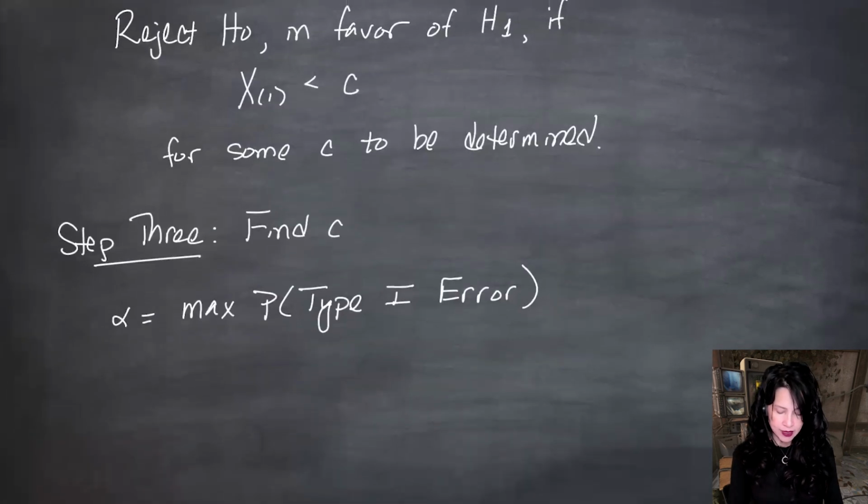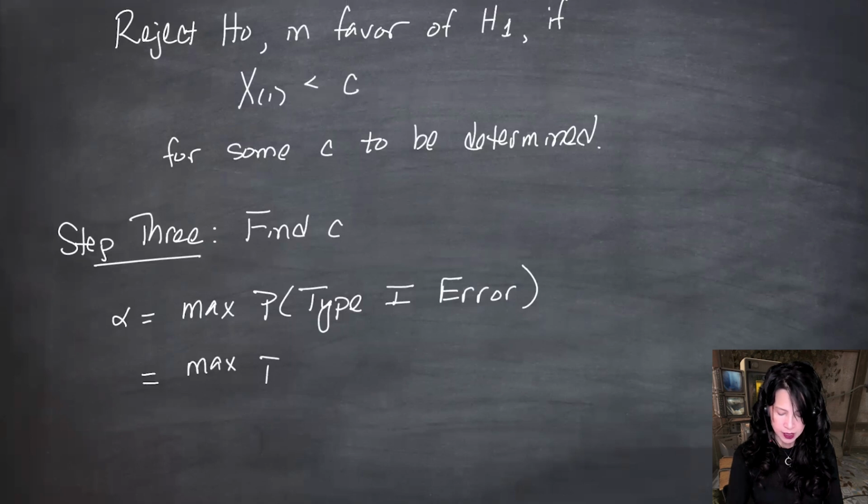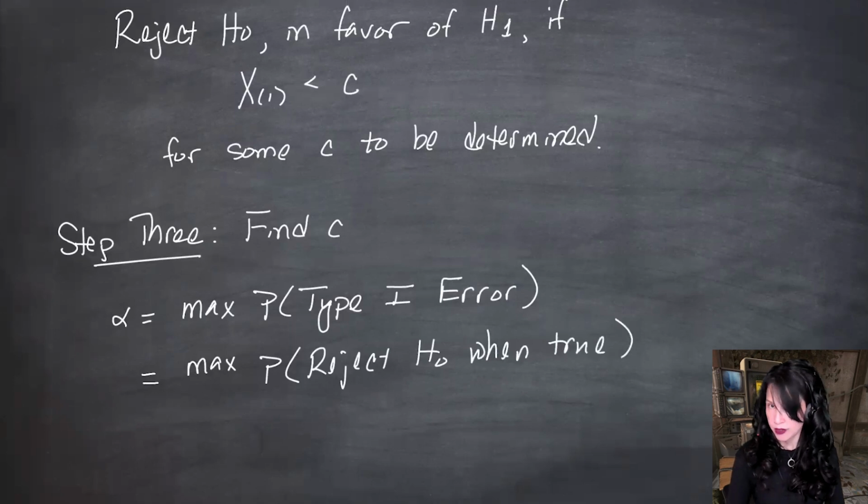I didn't write the lambda stuff there. I'm going to hold off until I'm a little more specific. The next line: this is going to be the probability, actually one more line, that we reject the null hypothesis when we shouldn't because it's true.